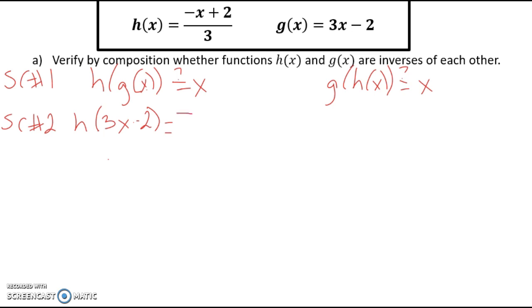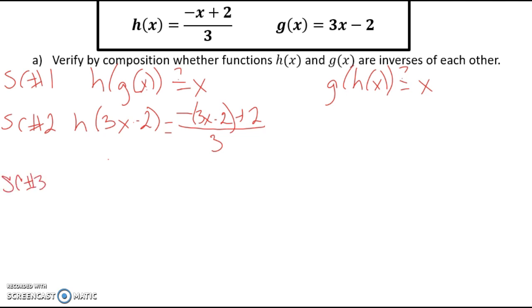So I have negative x plus 2 over 3. And then that blank gets filled in with the 3x minus 2. Notice that I put that in parentheses. That does matter.